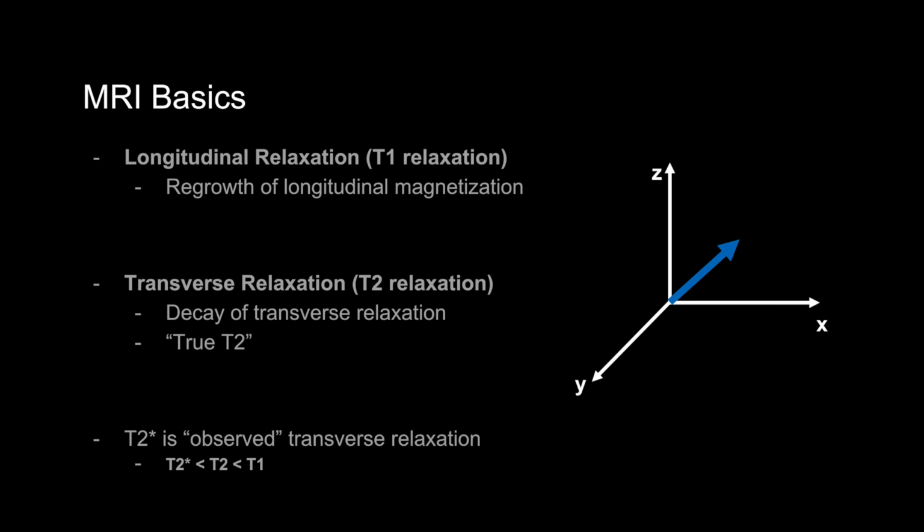I should mention that T2 refers to true T2 effects due to energy transfers with the tissue environment. Again, the mechanisms aren't important, but what is important is the concept of T2 star. T2 star refers to observed transverse relaxation, which includes the effects of magnetic field inhomogeneities. Remember earlier we mentioned that hydrogen nuclei precess at a particular frequency, the Larmor frequency, that was directly proportional to the magnetic field strength.